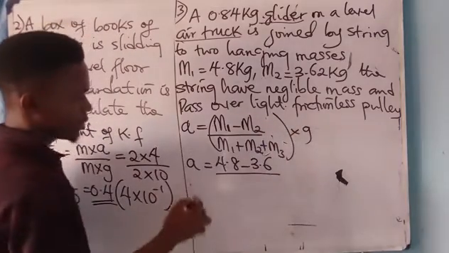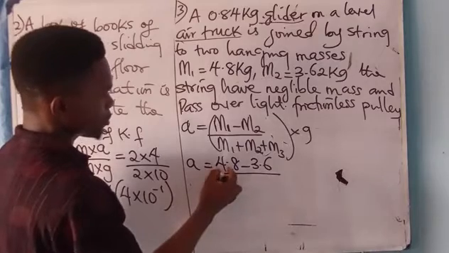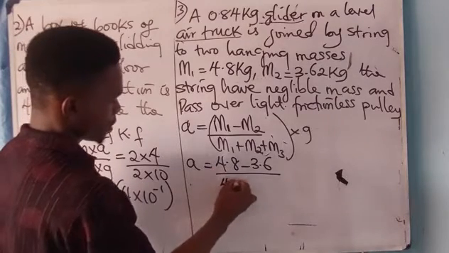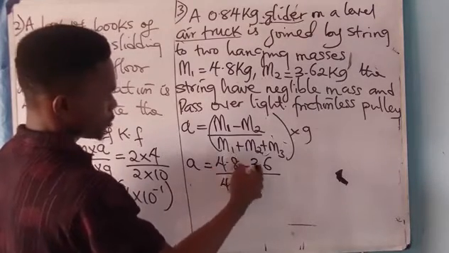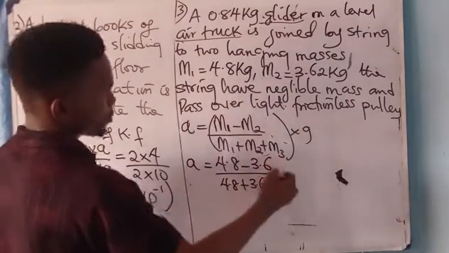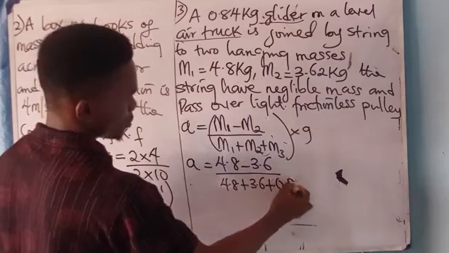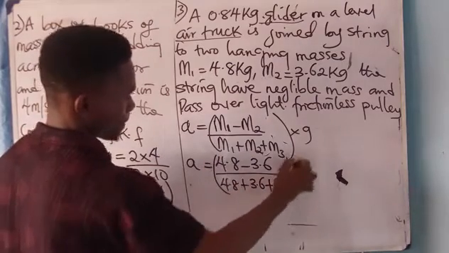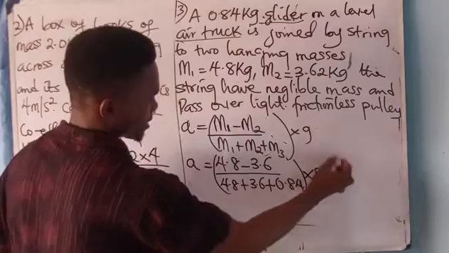So you now have M1 is 4.8 plus M2 is 3.6, then M3 is the other one, which is 0.84, times 9.8.